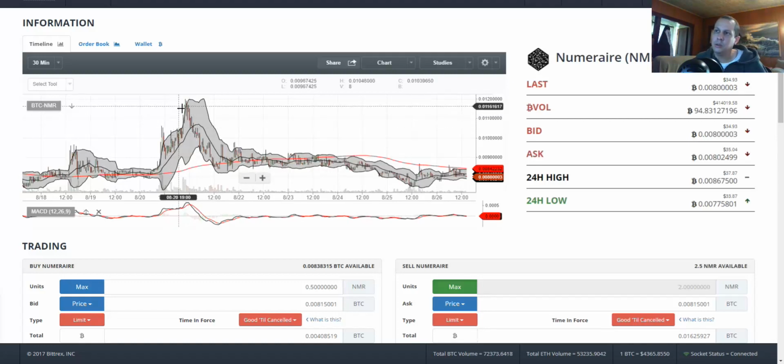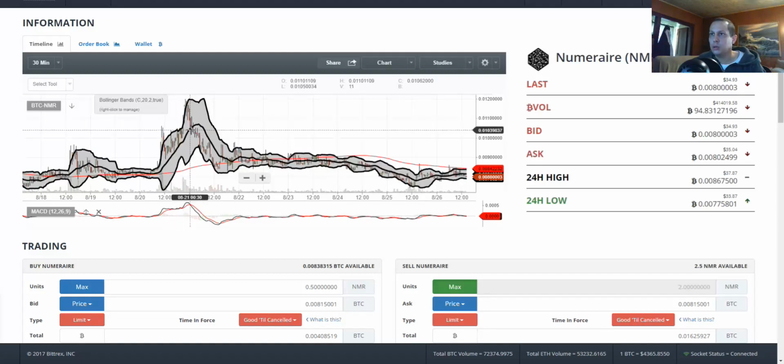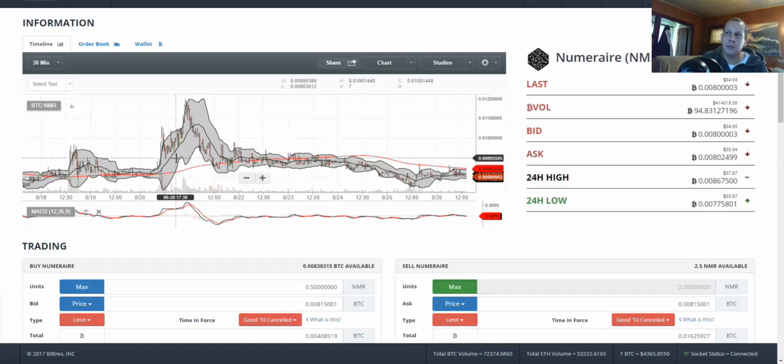So if you're here, you probably want to turn your low band down. You definitely don't even want to add the pair when you're way up here. Okay guys, don't chase coins. If a coin's doing really good, wait for a pullback. Wait for a correction, wait for it to come back down and consolidate.